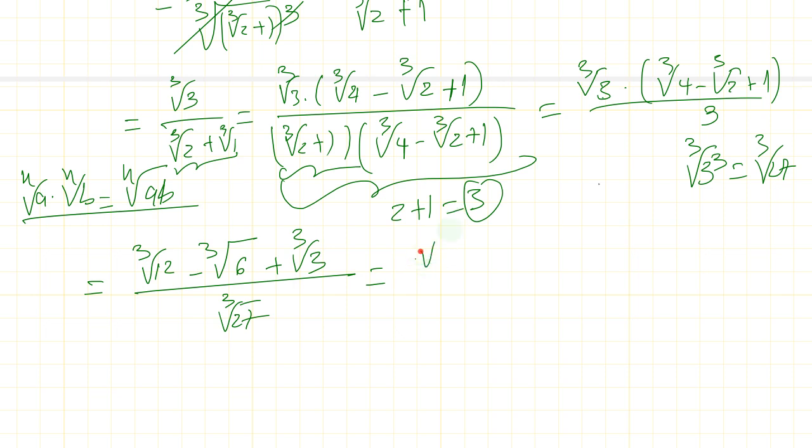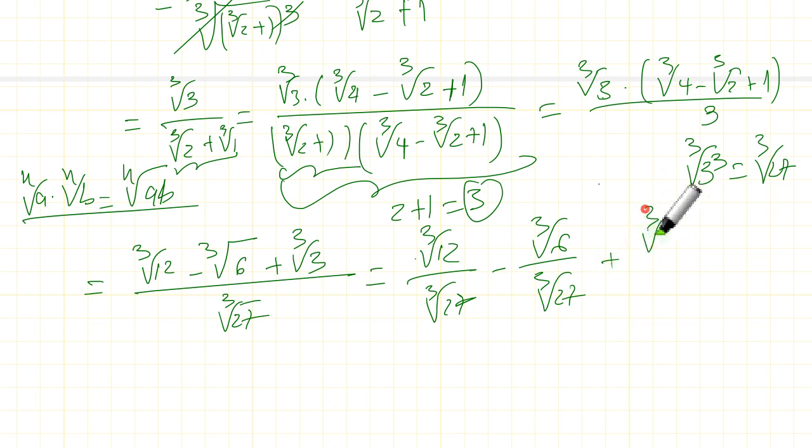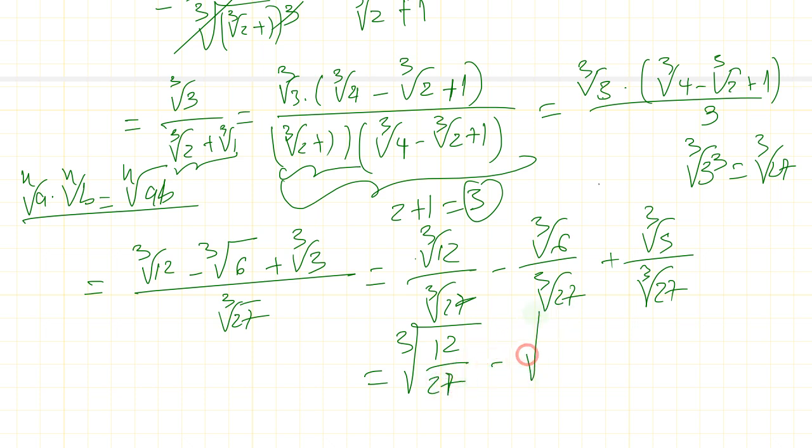We're gonna have then cubic root of 12 over cubic root of 27 minus cubic root of 6 over cubic root of 27, and then plus cubic root of 3 divided by cubic root of 27, and then we can rewrite this as cubic root of 12 over 27, and then minus cubic root of 6 over 27, and then plus cubic root of 3 over 27.